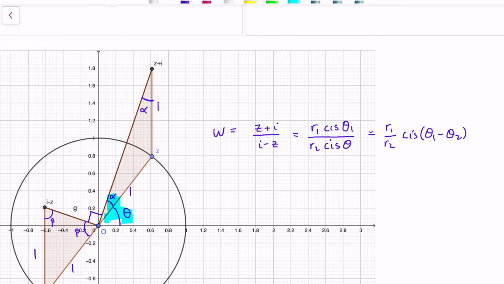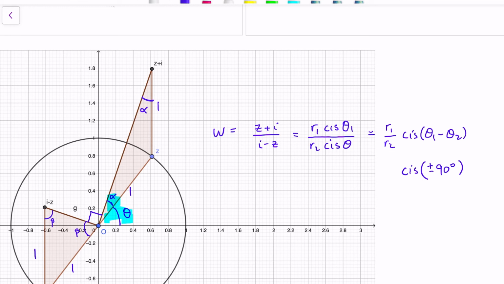If I subtract the second argument, which is that plus another 90 degrees, if I can prove that that angle is 90, I get negative 90 when I subtract. And it depends on where you start z. If I start z in a different position, then i minus z will be on the other side, and that angle will be negative. So the negative 90 will become positive 90. So we're going to have plus or minus 90 degrees in that.